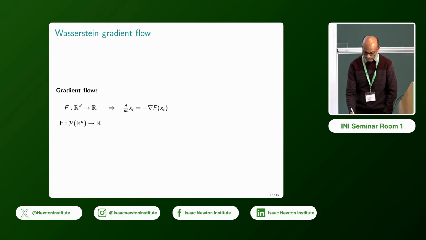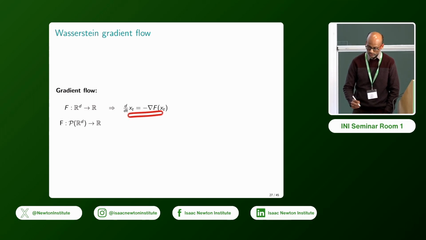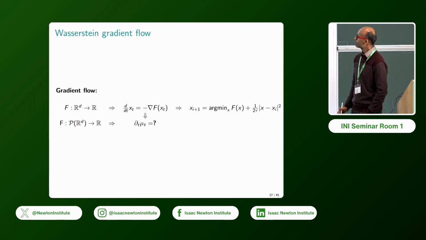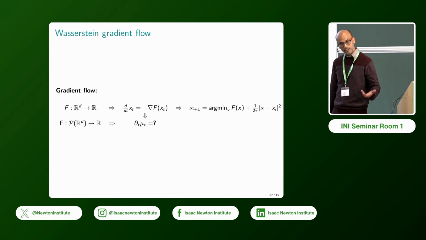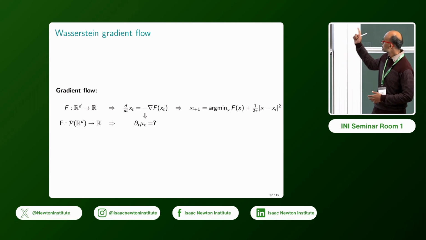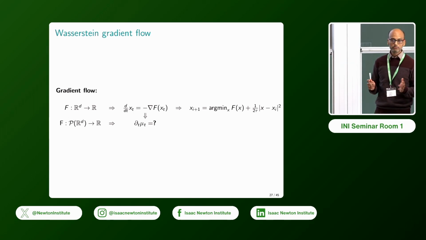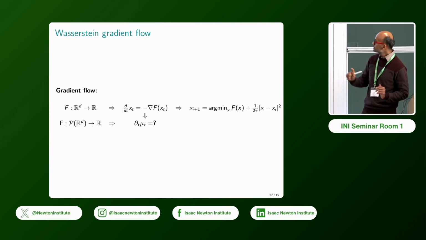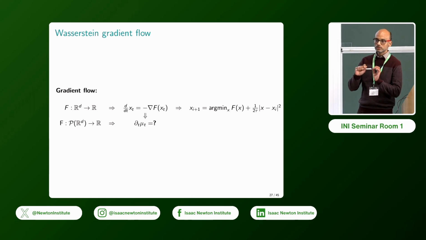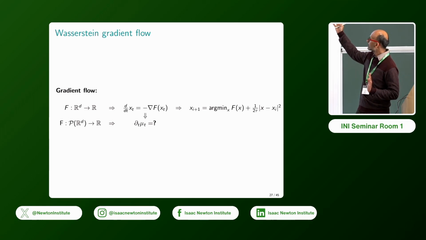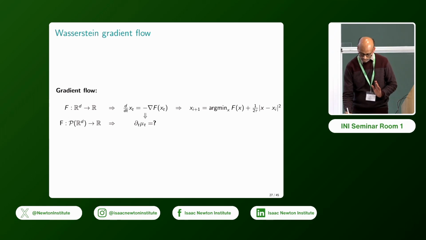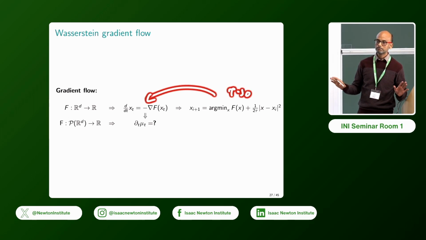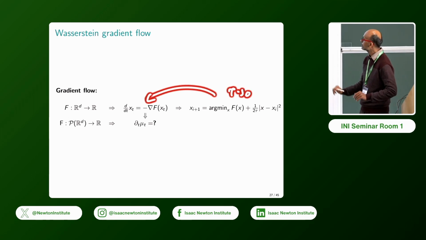This is the Euclidean gradient flow which I already introduced, and we saw that I can discretize it in an implicit Euler way, which gives me this proximal algorithm. Of course, if I make the step size tau go to 0, we recover this ODE. This is the Euclidean setting.